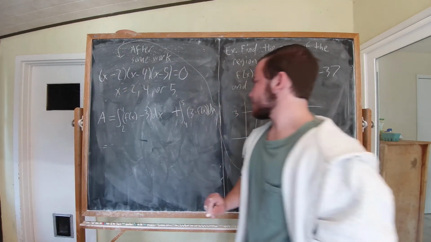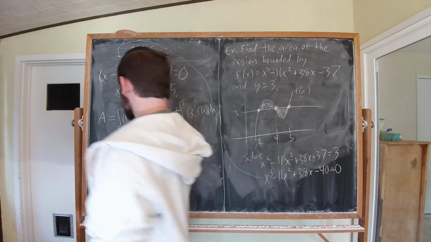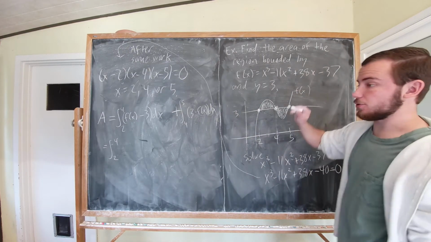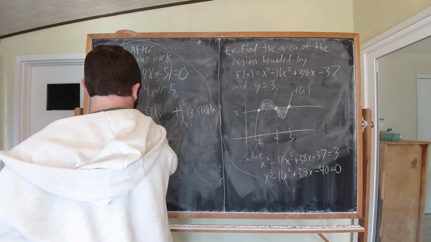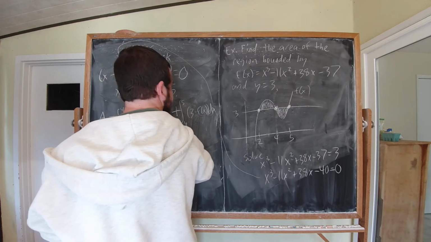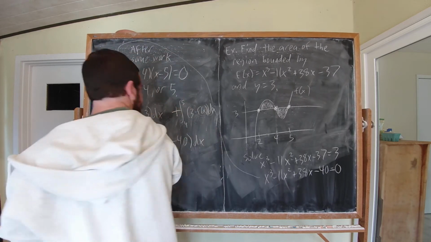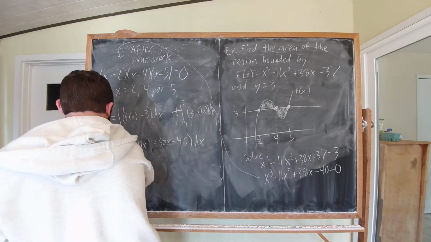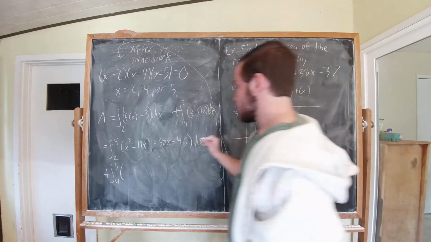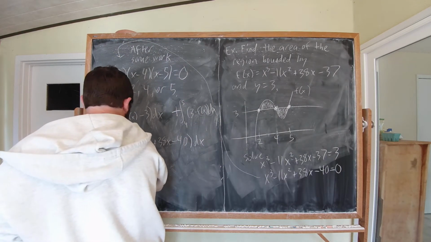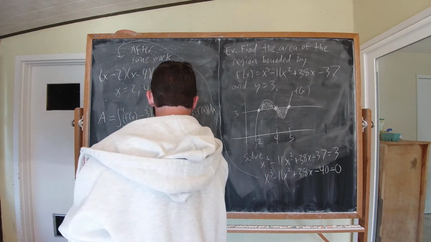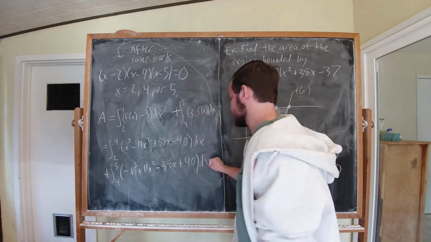Okay, well, let's start evaluating. This would be the integral from 2 to 4 of f of x minus 3, so this whole thing minus 3, is x cubed minus 11 x squared plus 38x minus 40 dx, plus the integral from 4 to 5 of 3 minus this whole thing right here, which would give us negative x cubed plus 11x squared minus 38x plus 40 dx.